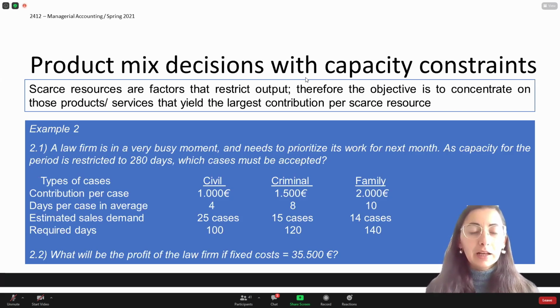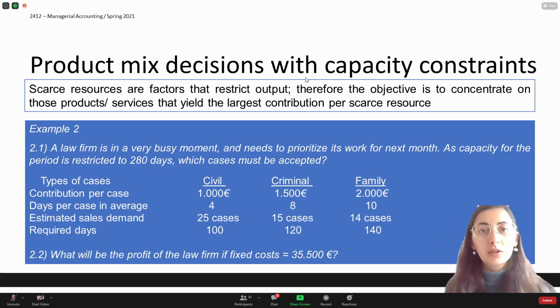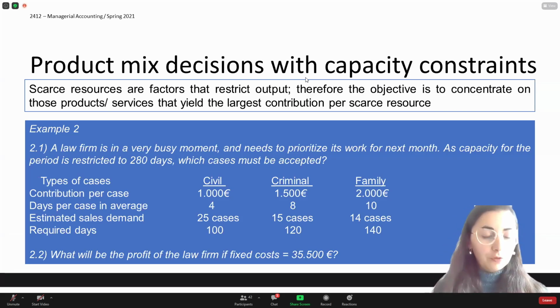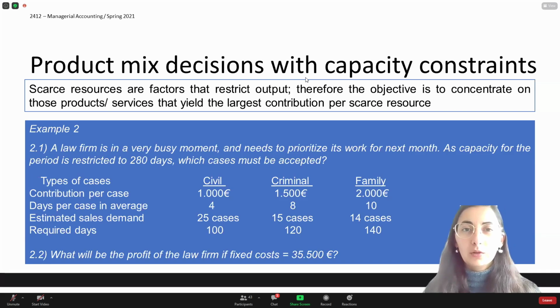For civil it will be 250 euros, for criminal 187.5 euros, and for family 200 euros. So this is the contribution margin per case per day. Each day that they work on these types of cases, this is how much contribution margin they have.